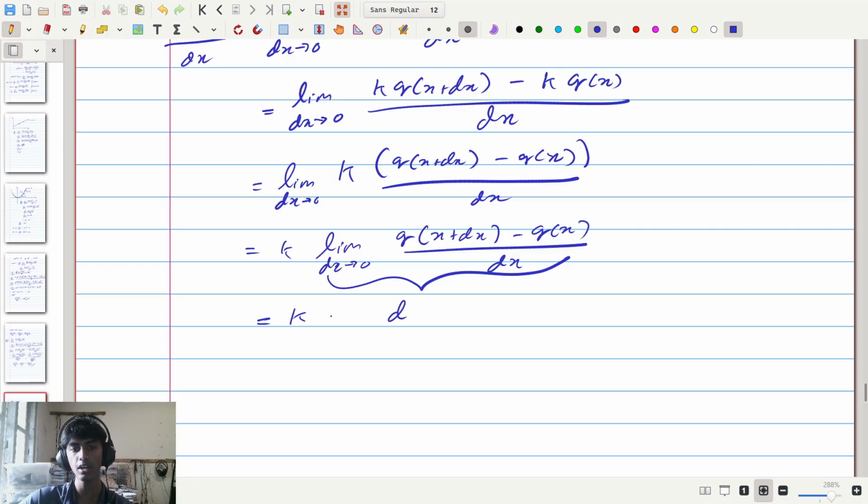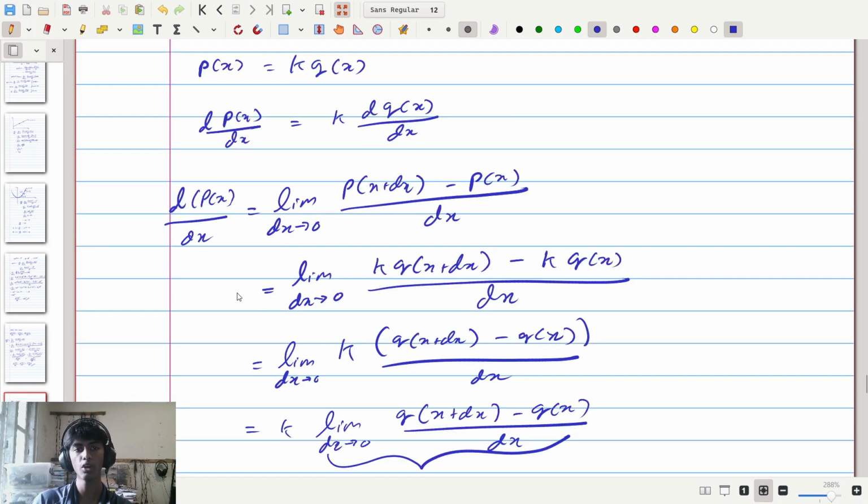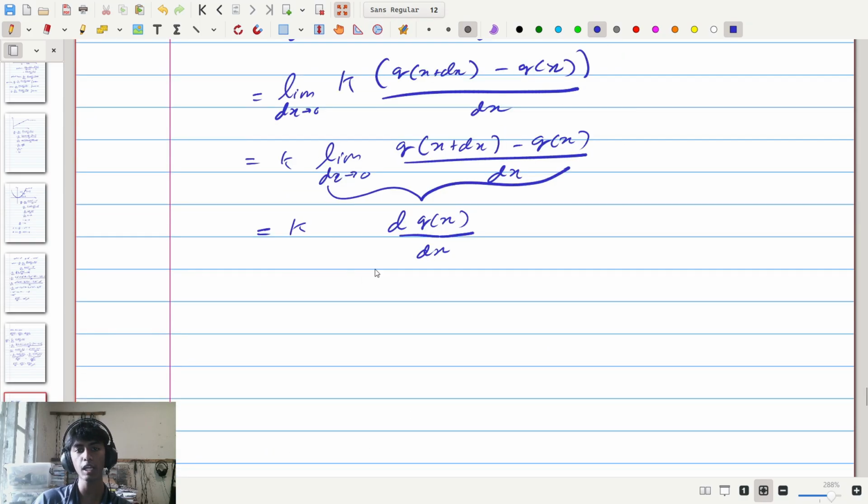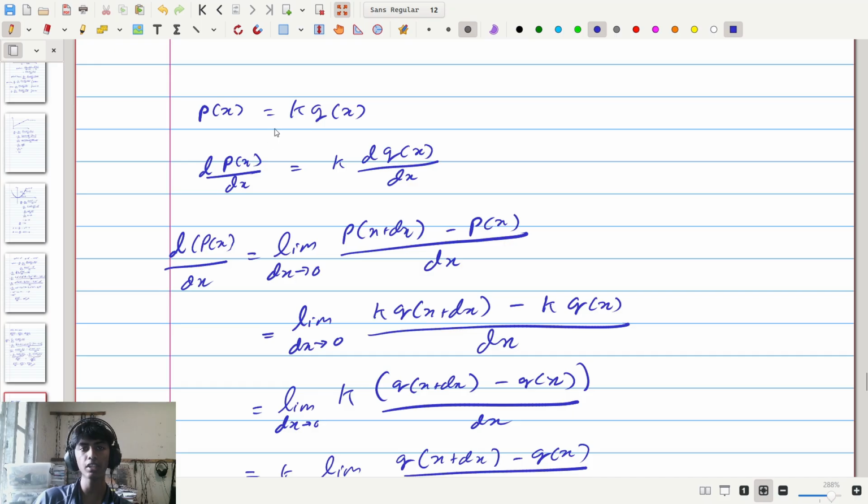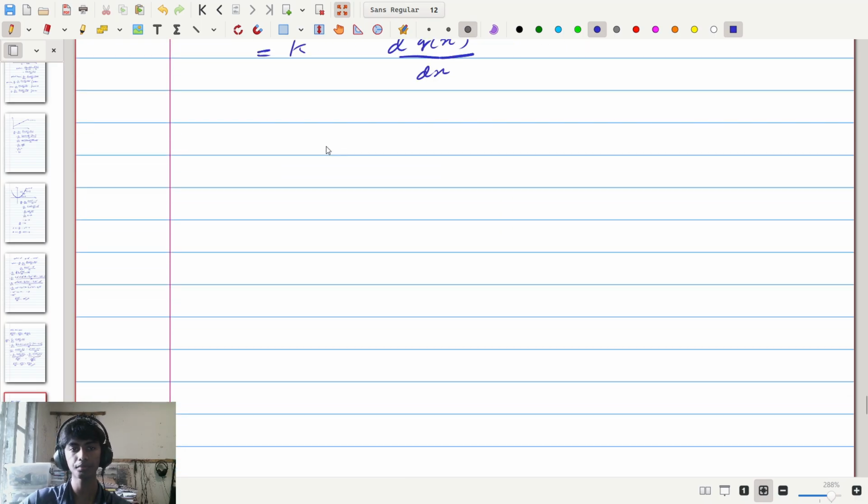So this is dq(x) by dx. Now equating the two sides, we have the derivative of p(x) is equal to k times the derivative of q(x). Since p(x) is equal to k times q(x), therefore the derivative of k times q(x) with respect to x is equal to k times the derivative of q(x) with respect to x.